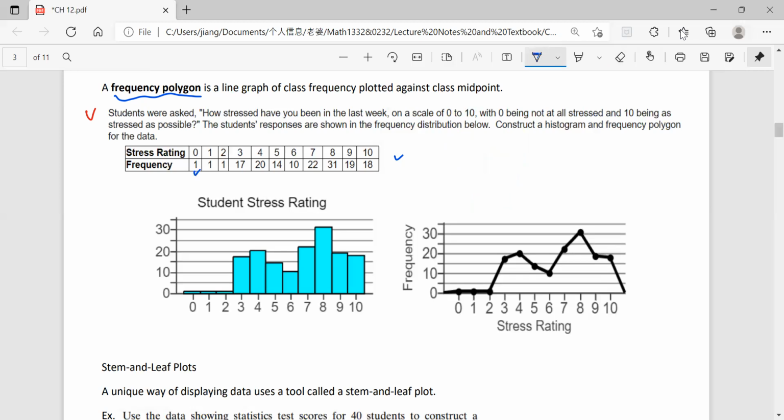The stress is 1, the level is 1, there's 1 student. For example, if they feel the stress is 7, there are 22 students. I see the table, I think more students are stressful because more data are on this side.